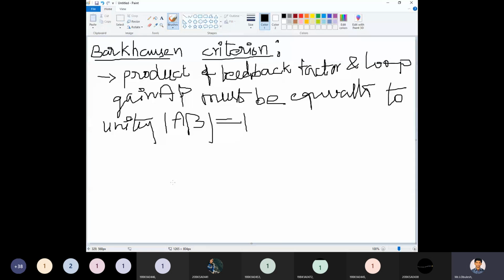And the second condition is the total phase shift of loop gain A beta must be equal to 0 or 360 degrees. These are the two conditions.